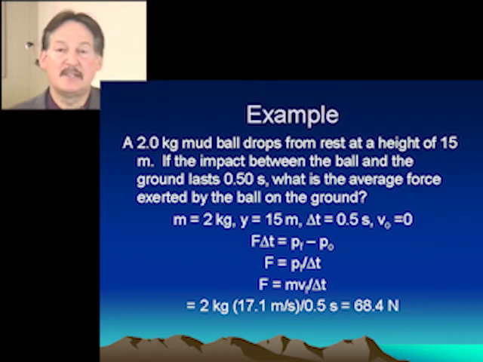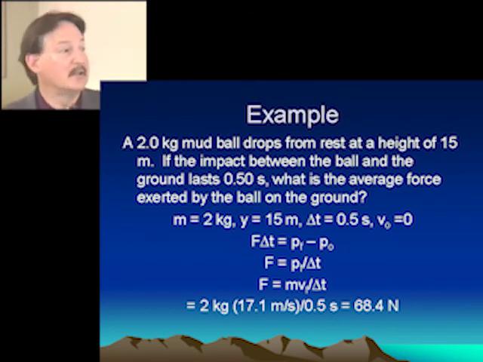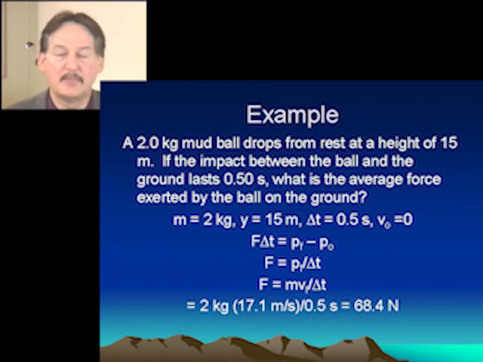So the 68 newtons of force is the average force exerted on the object to bring it to rest in that short half-second time interval. So that's the application of the impulse momentum theorem.